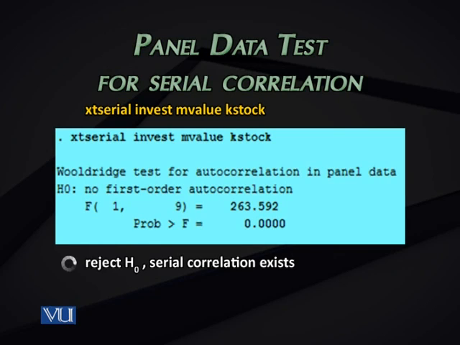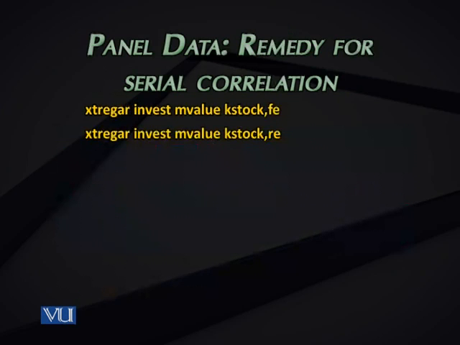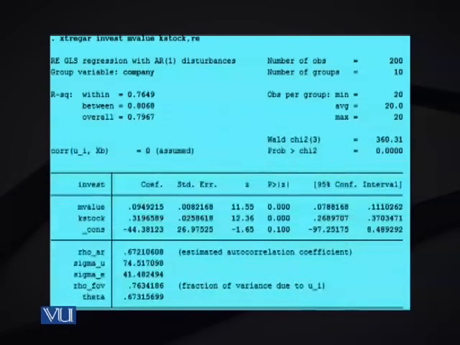Now what to do? Remember that in the previous example we used a command xtregar. This command estimates the regression, taking care of the serial correlation problem. This xtregar command can be run for fixed effect as well as random effect models. So I will show you results of only the random effect model, which is given by the option re.